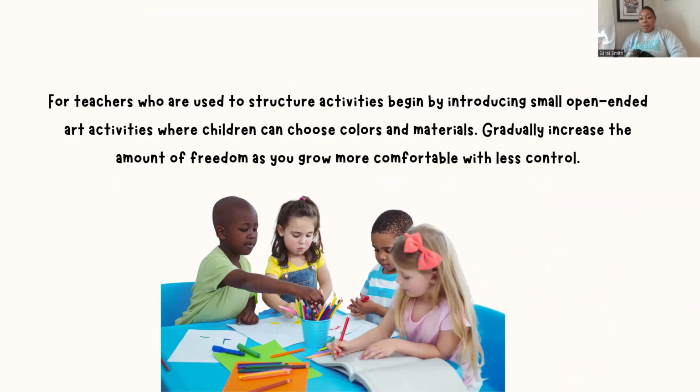So, what does that mean? Maybe you have markers and crayons out, but you don't have the paint out. They may have to come and ask you for the paint, or you haven't made it available on the shelf, but you know they would need help with opening it, right? And that could be something that you can then assist with.